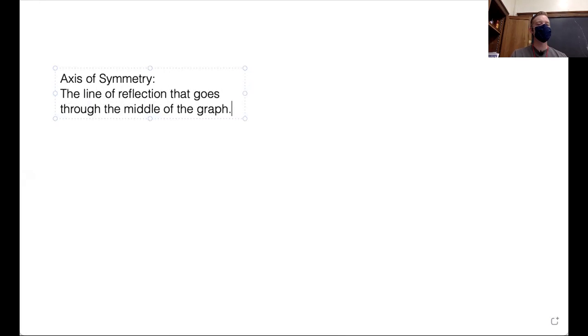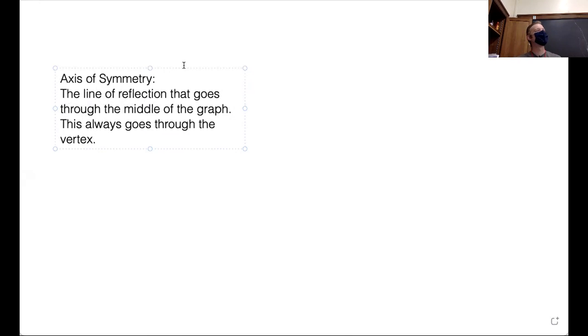And the special thing about the axis of symmetry is it always goes through the vertex, because the vertex is in the middle of our graph. And so the axis of symmetry is very easy to find and identify once we've found the vertex.